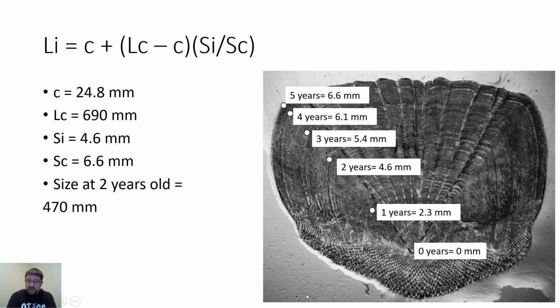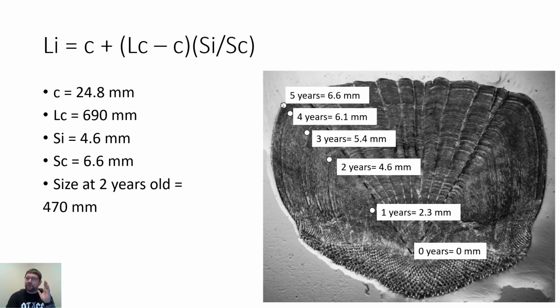Let's say a fire ran through, and you caught this organism 3 years after that. Now you know this organism was 2 years old. It had great growth the first year, second year, and now the growth is stunted in the last 3 years. Is that due to the natural growth of the organism, or is that due to some kind of environmental effect? That's the nice part about using methods to back calculate things.